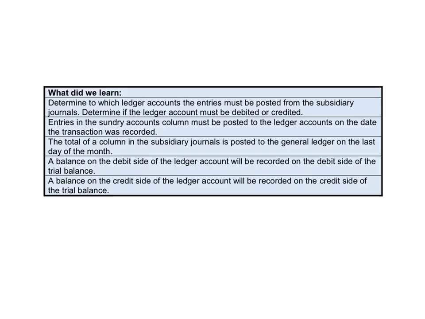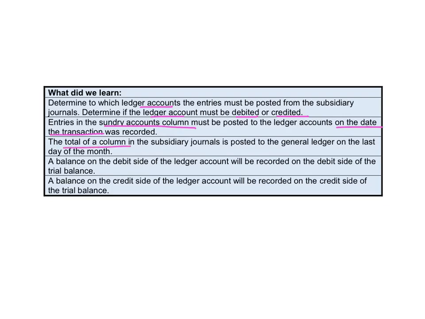First of all, you must determine to which ledger accounts the entries must be posted from the journals. Then you determine whether the ledger account must be debited or credited. Entries that are recorded in the sundry accounts column must be posted to the ledger on the date of the transaction.